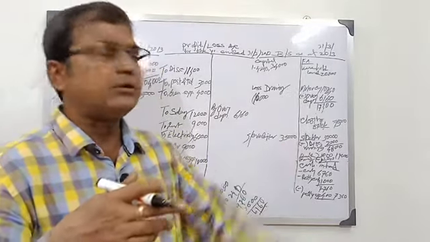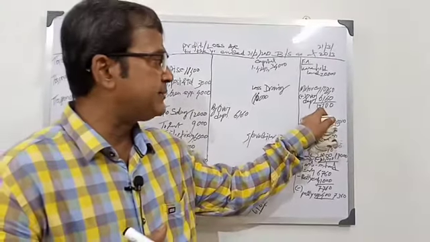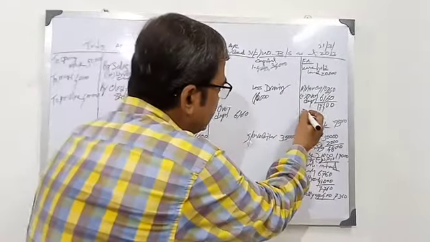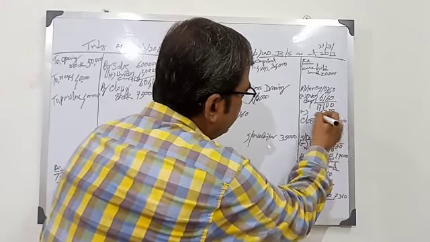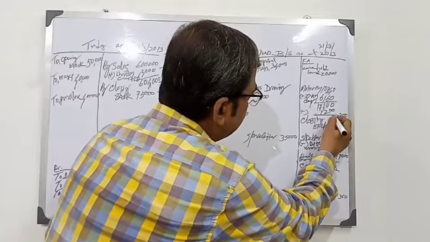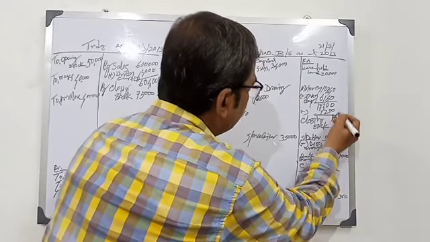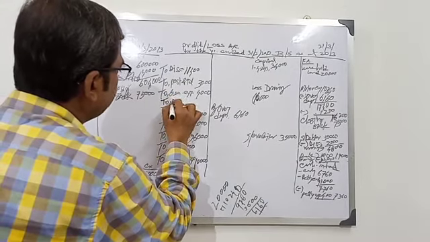Original cost 20,000, from there if you deduct 3600, you get 16,400. Depreciation for the current year is 1200, so 16,400 minus 200 is 16,200. It should be 16,200. So 1200 is the depreciation on motor car.